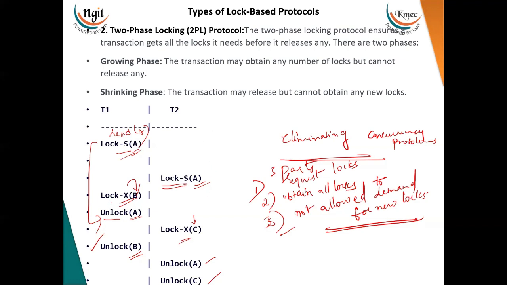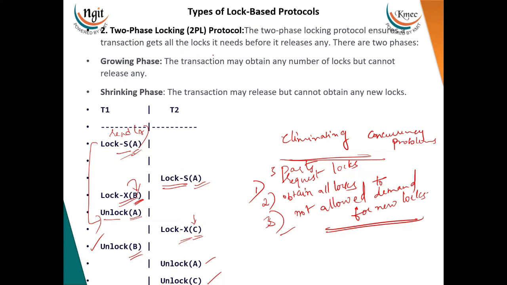And coming to the next point, an exclusive lock is acquired by the T1 transaction to make any sort of changes on B. And here you can see an exclusive lock is obtained by the T2 transaction on some other data item C. The exclusive lock for T1 is given to make changes on the data item B, whereas though it does not release the exclusive lock, that doesn't matter for the T2 transaction because it is performing the modifications on some other data item. Thereby, it is allowed to acquire the exclusive lock.